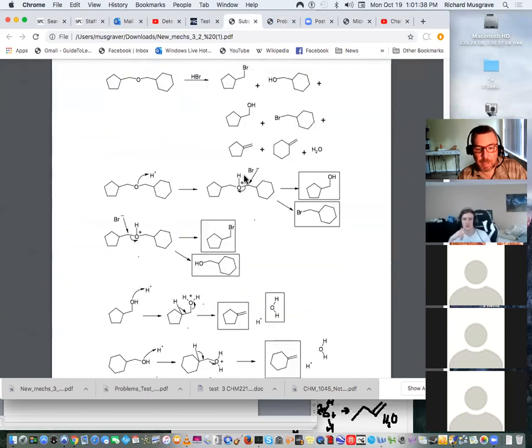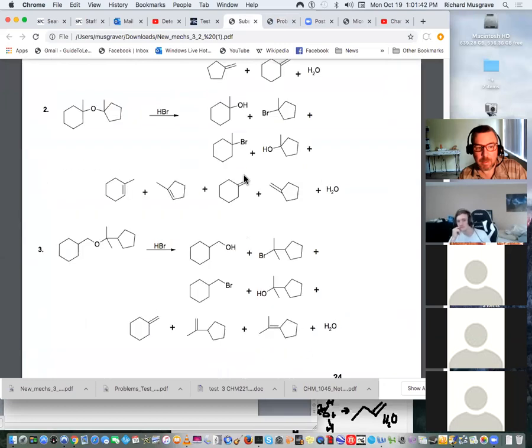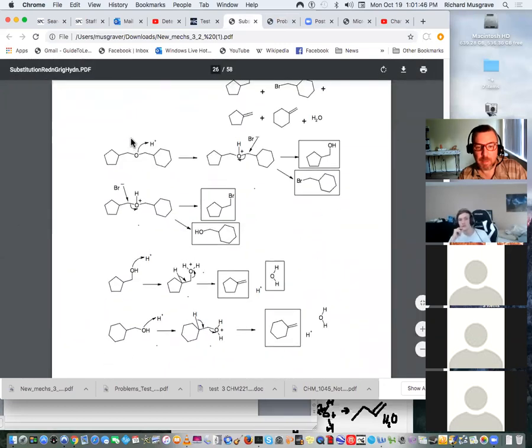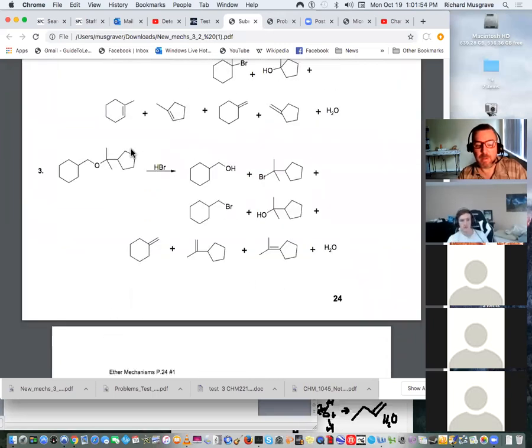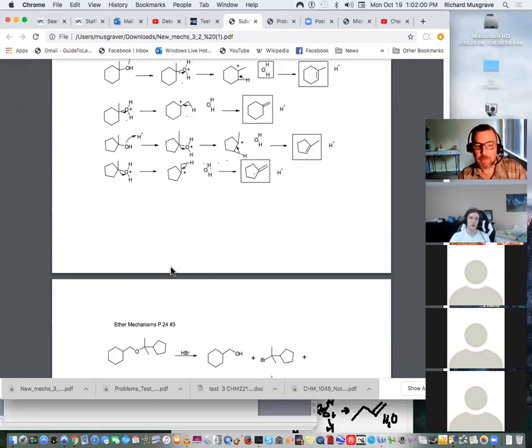That starts on page 25. Okay, gotcha. I do actually have the problems here as well, but yeah, they're in the mechanisms file. Okay, yeah, sometimes I just have a hard time knowing what I'm looking at. I'm like, is that the answer? Is that part of the problem? And I'm like, I don't know. Right, and they're in the same order. See, mechanisms, page 24, number 1. See. Thank you.